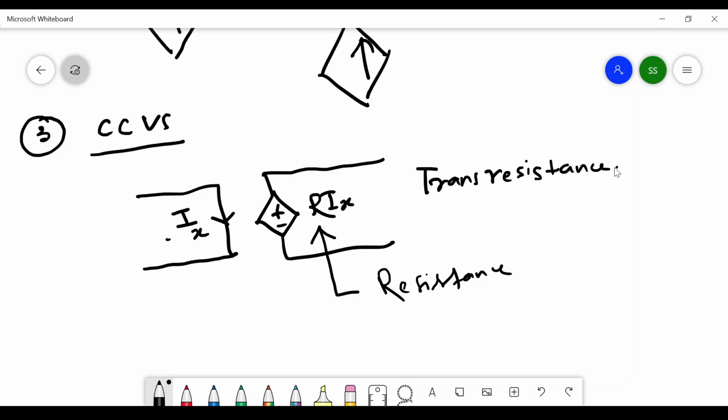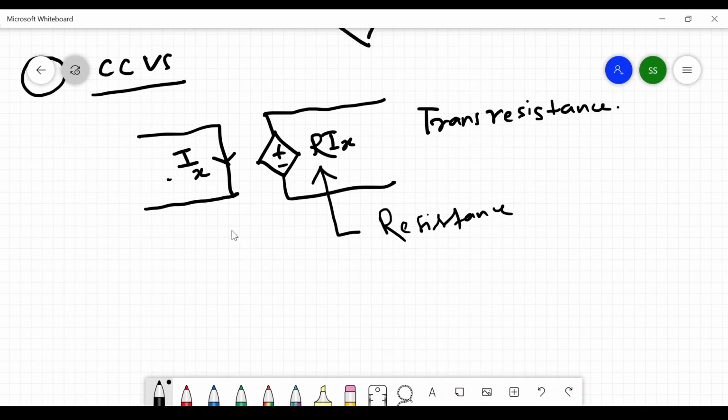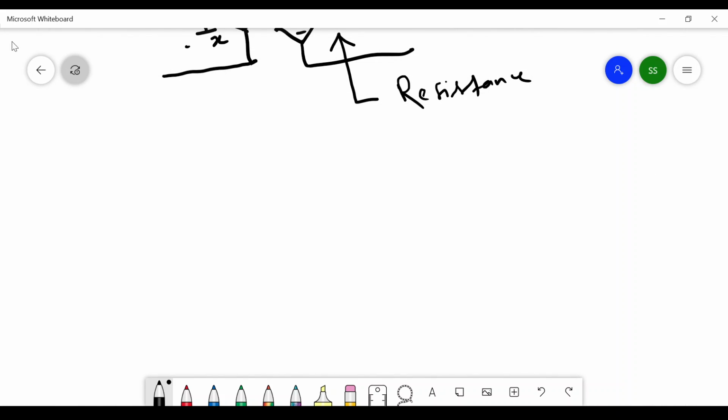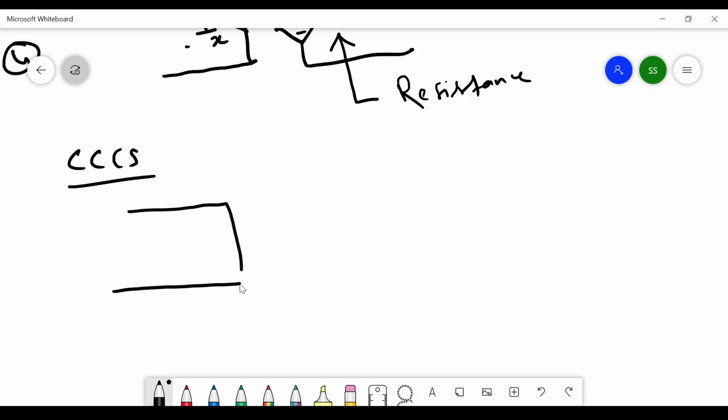Okay, this is called transresistance. Now the last controlled source is the current controlled current source. So this is a branch of a particular circuit where the current is going like this.